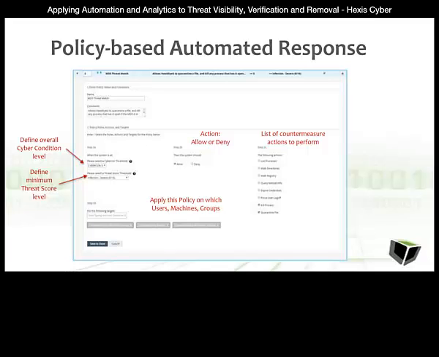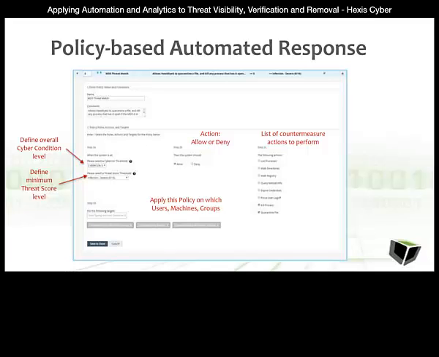So on the left-hand side, we have this concept of overall cyber condition. I think the screenshot is probably a little fuzzy, but I had the text on here. You can set a policy at a certain cyber condition. If I'm under sustained attack, then maybe my policy is to do more automation.